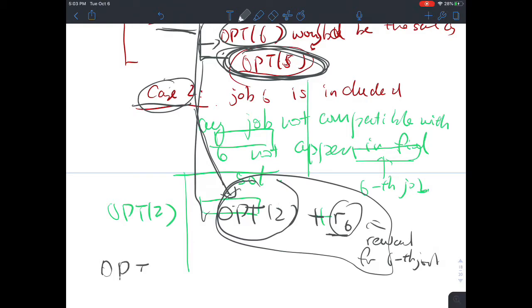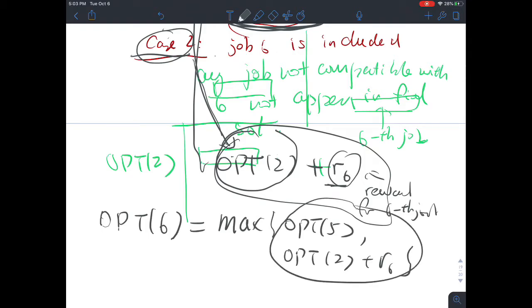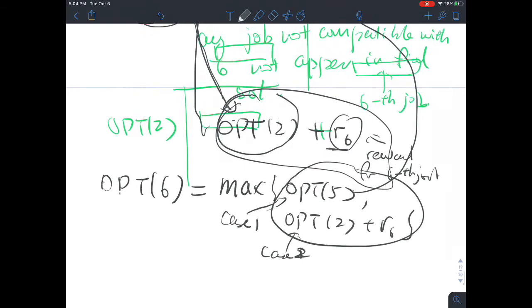So that basically means that by definition, my optimum 6 equals the max of optimum 5 and optimum 2 plus R6. One of these 2 cases would be correct, case 1 or case 2. Which one is correct?